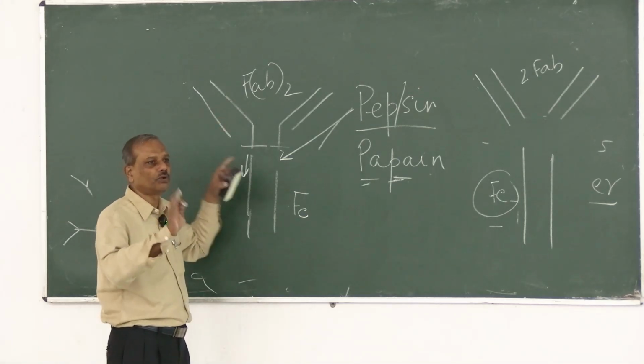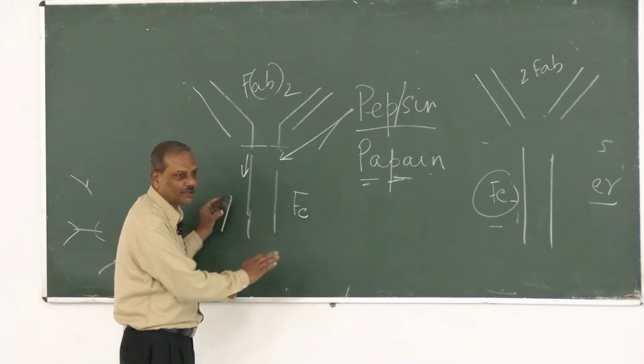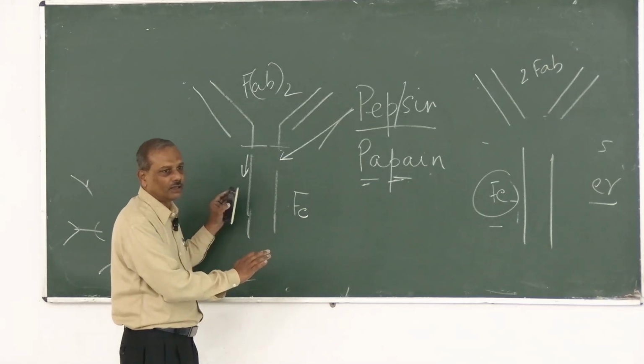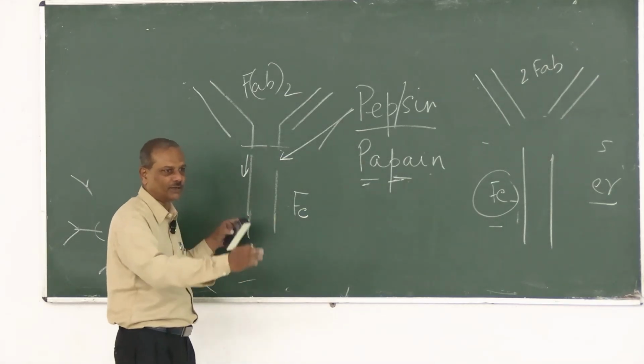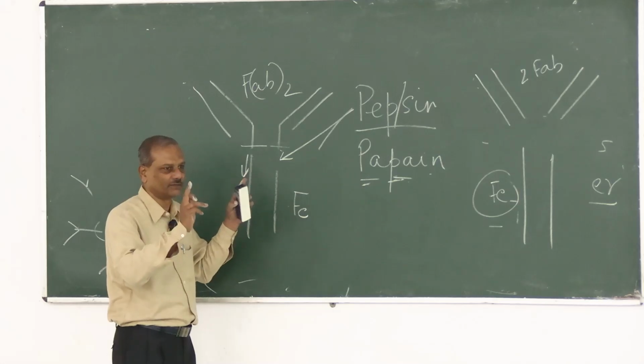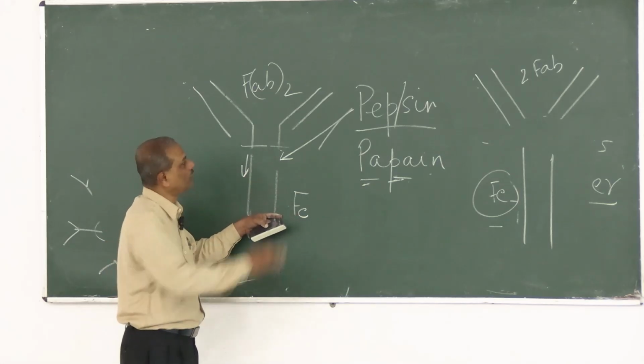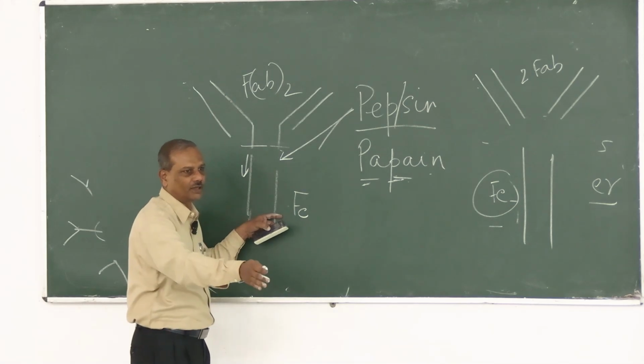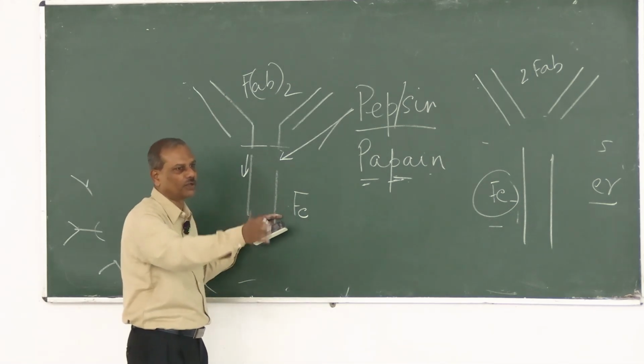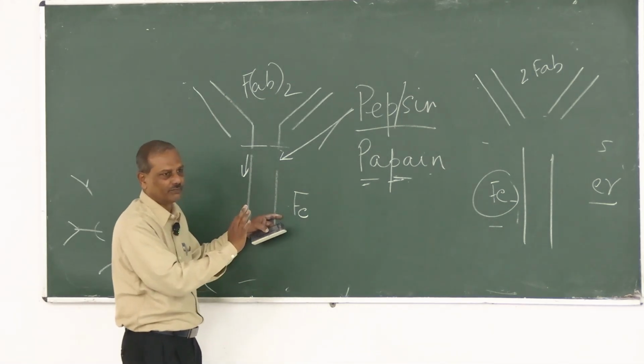So how to know the different functions of the different parts of the antibody? For that we have to break it down and see which structure is binding. Suppose I am telling you complement is binding here. If I take the whole antibody and allow it to bind with the complement, I will not know where it is binding.